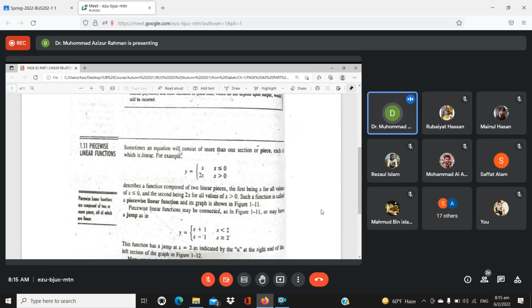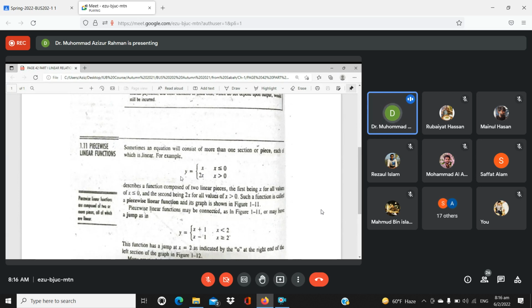Sometimes an equation will consist of more than one section or piece, each of which is linear. Because you have two different functions representing one equation, in that case we will call this a piecewise linear function.